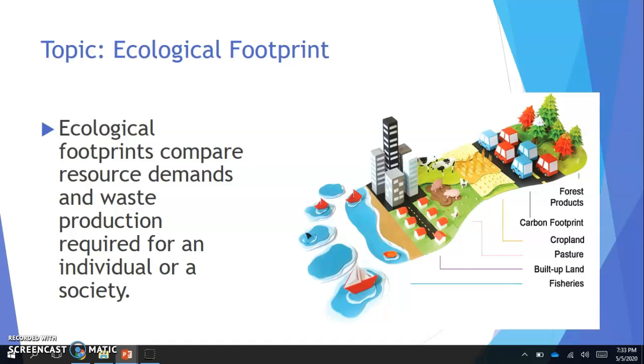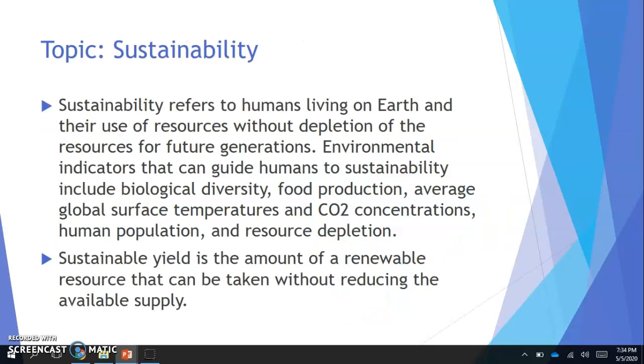And I can tell you guys, most definitely, living in the United States, all of our carbon footprint is going to be pretty big. And that's not to shame anybody because I have a really big carbon footprint too. It's just a reality of living in a developed country. So it is really kind of up to us to be mindful about our lifestyle choices and what we do on a day-to-day basis.